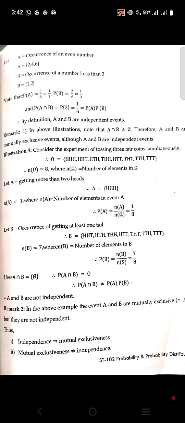So the probability of A is 1 by 8. Second, let B be the occurrence of getting at least one tail.